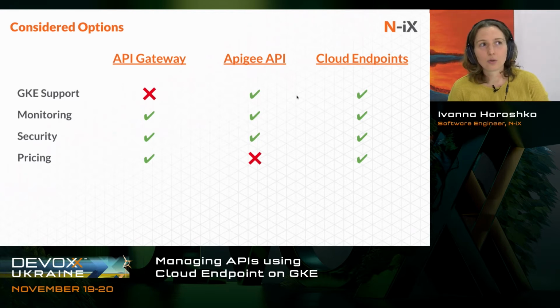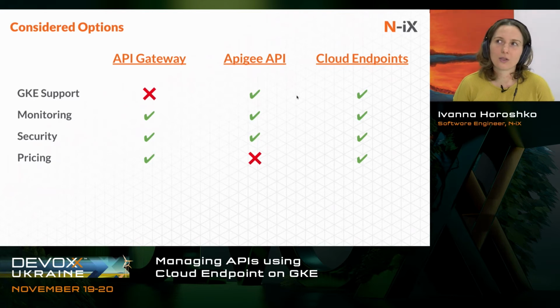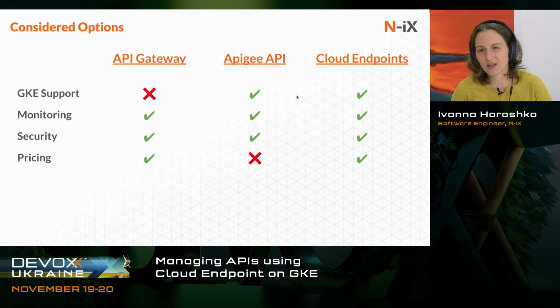For me, it looked like if you're writing some API that you plan to monetize, then probably Apigee API is the right choice for you. But in our case, those were just APIs that were supposed to be used by our own system, like different front end and mobile applications. That's why the pricing didn't work for us, and we started looking for another solution.